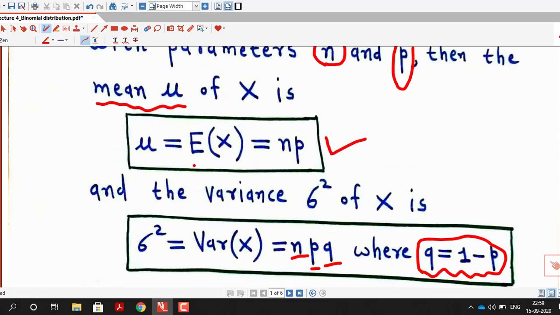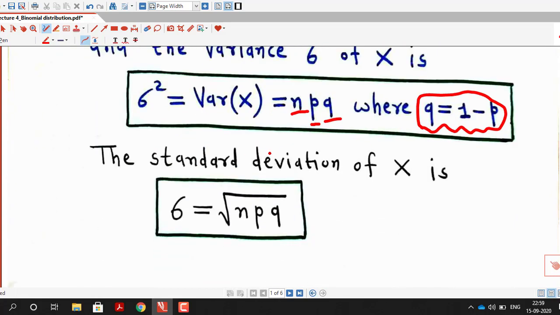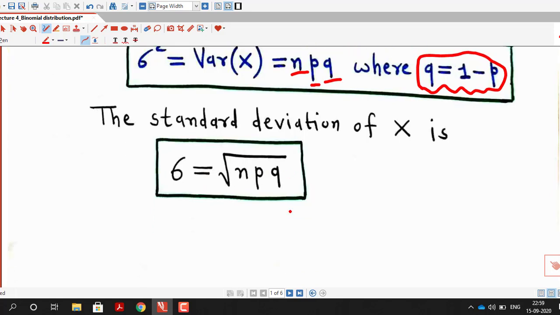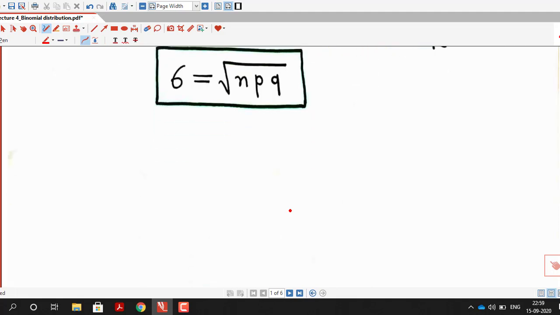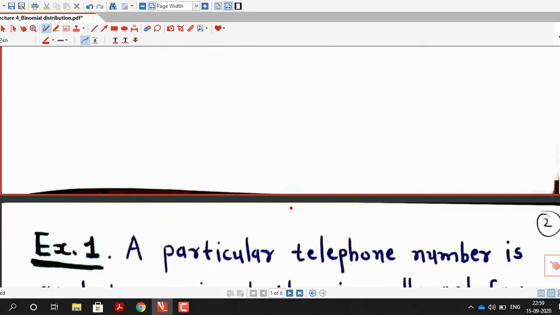So we will remember these two formulas. And the standard deviation is nothing but the square root of variance. So variance is npq, therefore standard deviation is the square root of n p q. Now we consider some examples based on these two formulas.